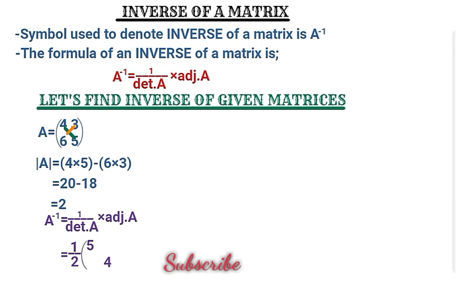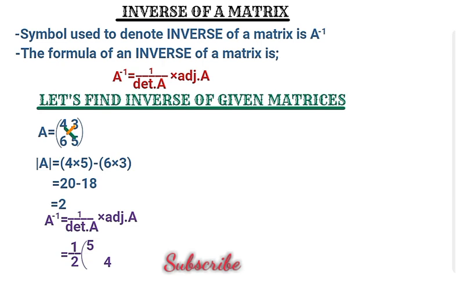And then what happens to the other numbers? So 6 and 3 will change their sign. Remember, they are not interchanging their signs, they are just changing their signs. If the element was positive, it will become negative. If it was negative, it will become positive. So the trailing diagonal elements will change their signs.